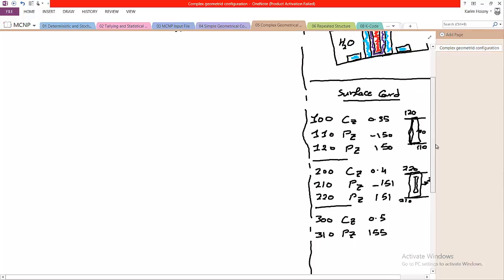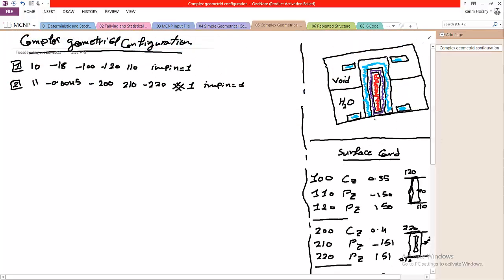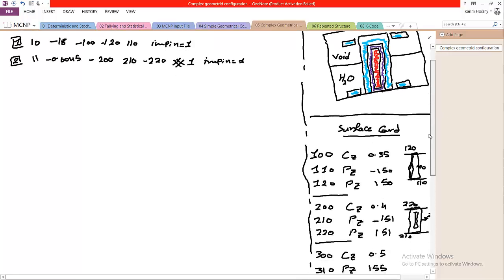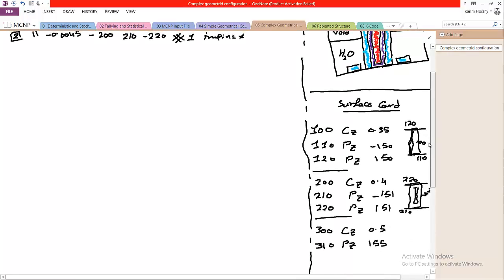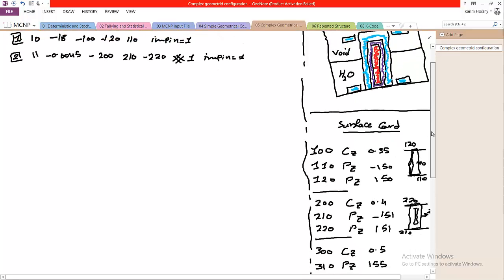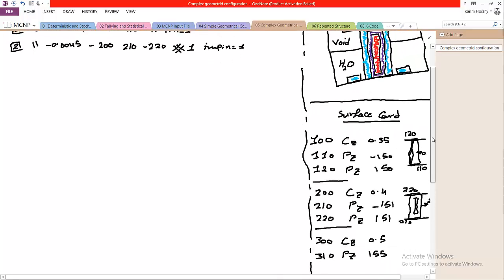But if we focus on the schematic here, we'll find that the bottom plane of the helium gap is the same as that of the clad. Therefore, we can use the surface 210 in the clad.